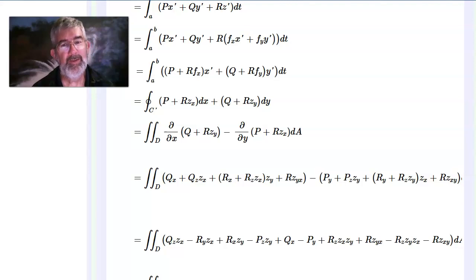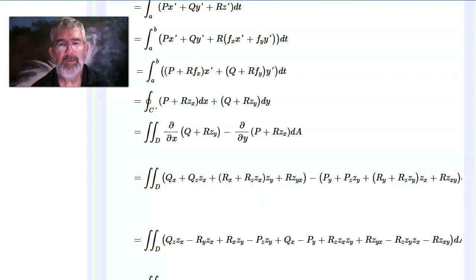So, the thing is, this one right here, partial of q with respect to x, has two pieces to it. Likewise now, there's a product rule. Partial of this product with respect to x is I'm going to take the partial with respect to r times this thing, and then the partial of this thing times r. So the partial of r with respect to x, again, I've got that problem that r is a function of x, y, and z is a function of x and y. So the partial of r with respect to x is the partial of r with respect to x, plus the partial of r with respect to z times the partial of z with respect to x.